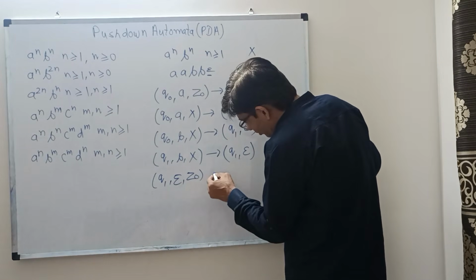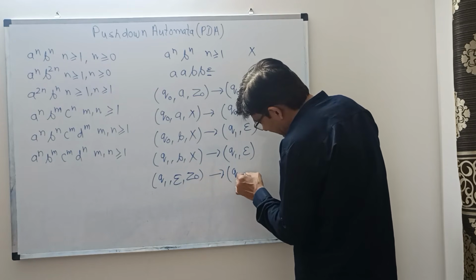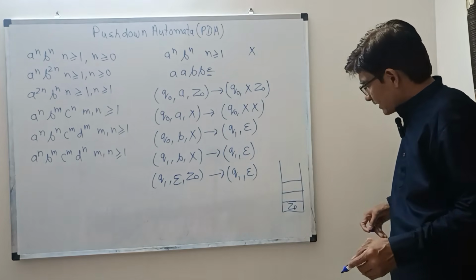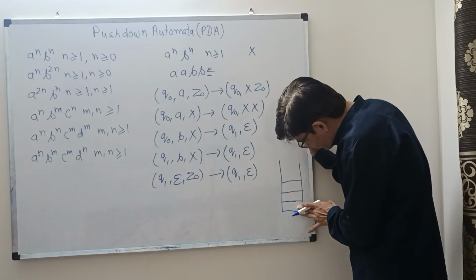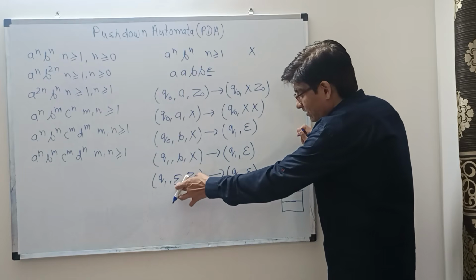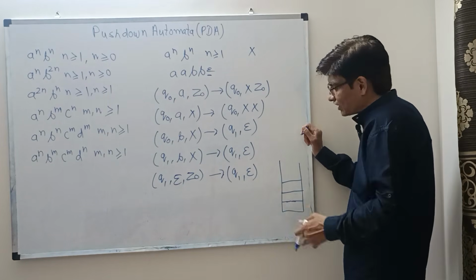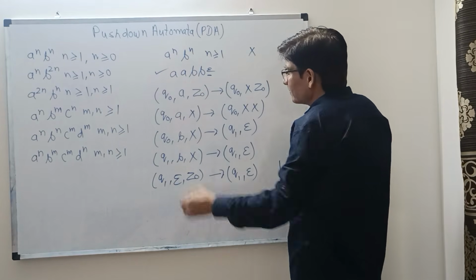So in that case also, you will stay in Q1 and you will pop Z0 itself. When you are popping Z0, it is also removed from the stack, and after reading the complete string, the stack is completely empty. So this string is accepted by the PDA.